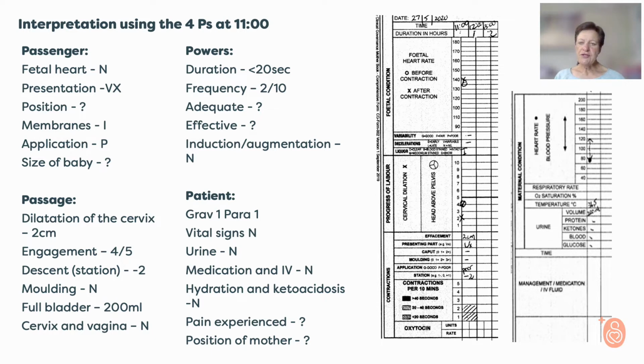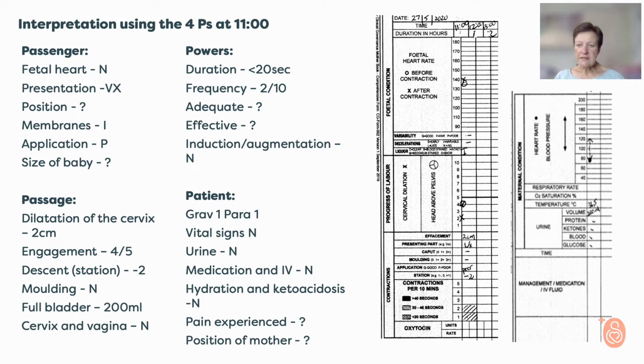So in our assessment, we need to determine the position of the fetus, because in the case of the anterior position of the fetus, labour is more likely to progress normally, or otherwise in the case of an occipito-posterior position, we know that labour is usually prolonged a little bit, and the patient also experiences more pain.